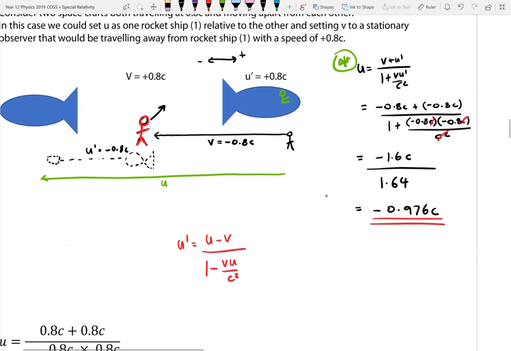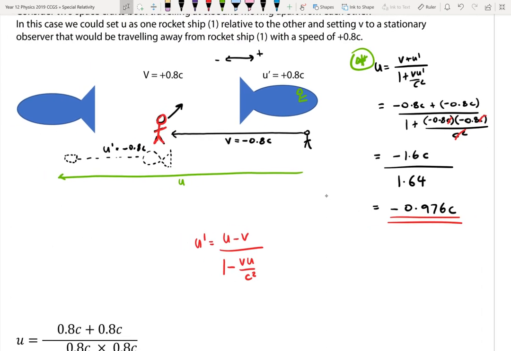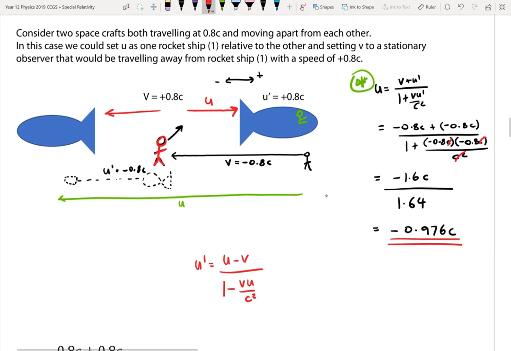You could say, well, I'm going to observe this bloke to be u, this bloke to be, now hang on, make sure I get this right. The one going left has to be u, and v is the other one.